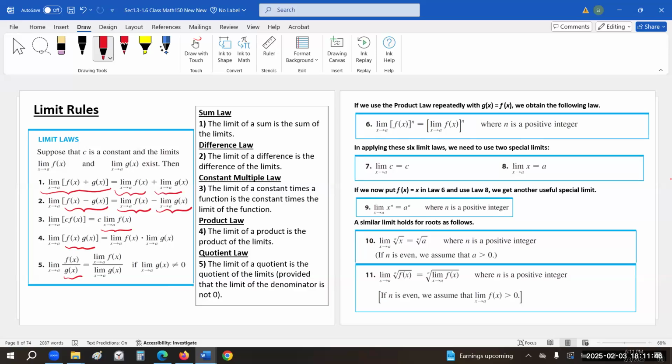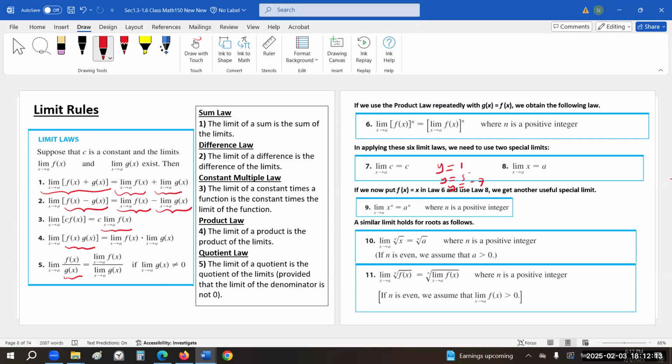Rule 7 says, if you have a constant, for example, y equals 1, or y equals 5, or y equals -7, whatever. Like if you have a constant function, which is a horizontal line. So if you have a constant function, it doesn't matter where you're taking your limit, the y value will always be the same constant.